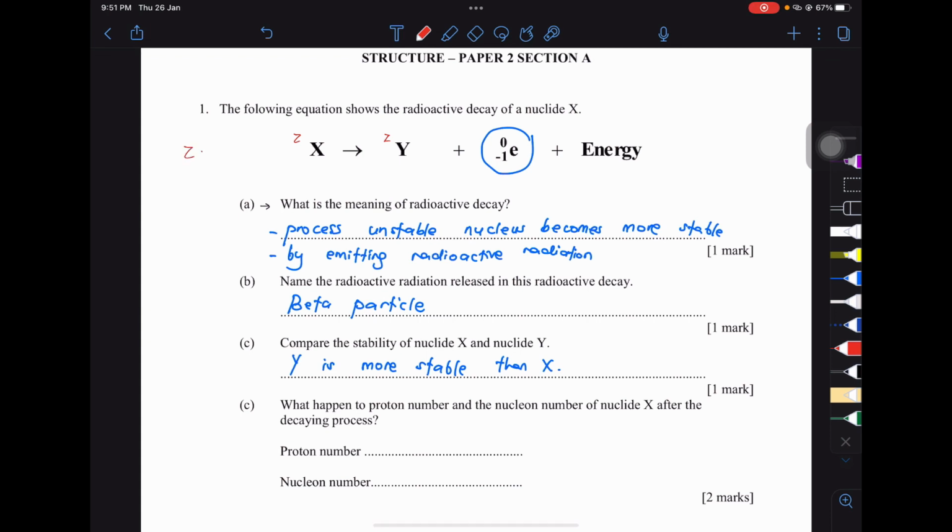Because Z equals Z plus 0. And if we have a proton number A at X, then Y also has A. So A is equal to A, but we have -1.